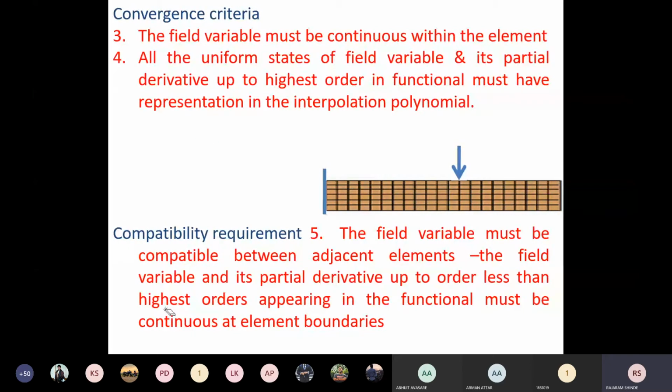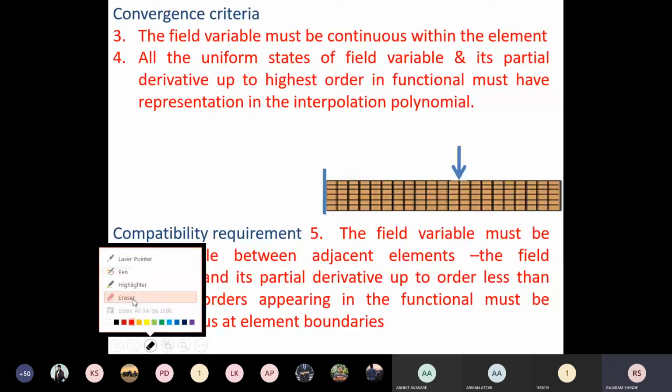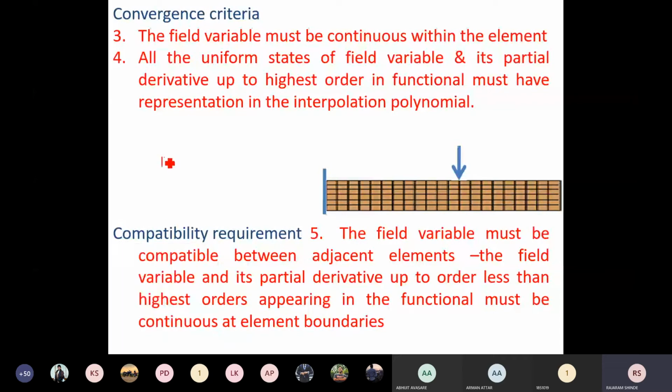Now here, when we reduce the size of the elements, if we use smaller and smaller elements, then your field variable at this location, these are approximately the same. That is known as the uniform state of the field variable.